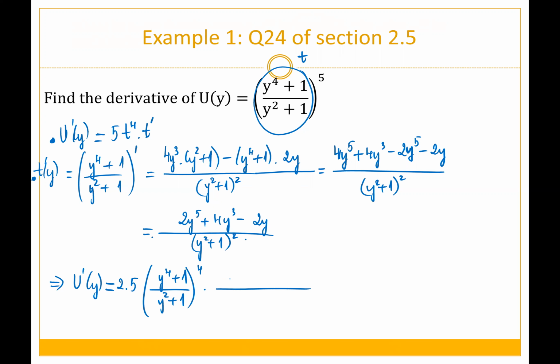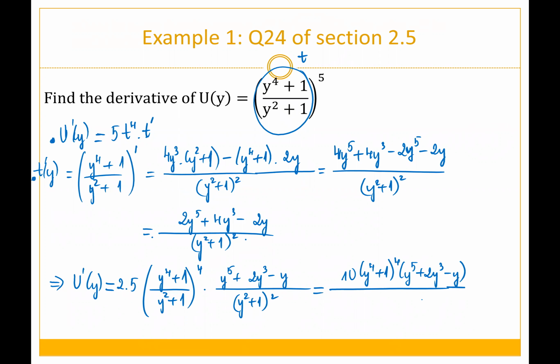I take all the 2 in the numerator out. Y fifth plus 2y cubed minus y squared plus 1 squared. If you want to further simplify this, what you end up having is going to be divided by y squared plus. Okay. Any questions so far?